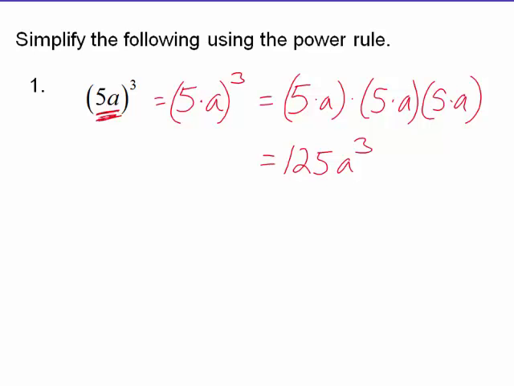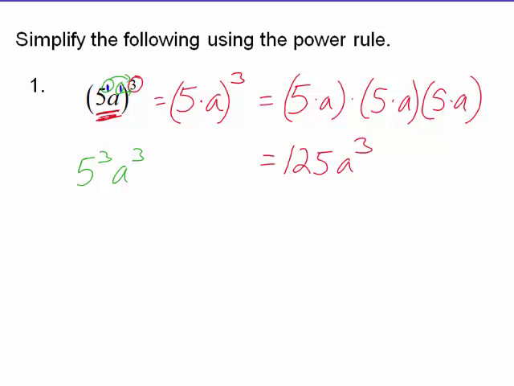Using the power rule instead to do this would be to recognize that there is an exponent of 1 on each the 5 and the a, and both of them are going to get multiplied by that 3. So we would do 1 times the 3, so that's 5 to the 3rd power, and 1 times the 3 is also then a to the 3rd power.